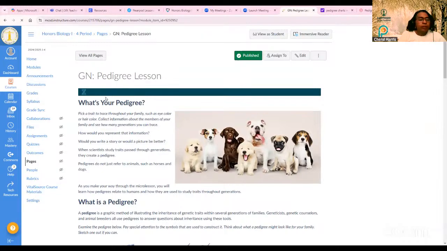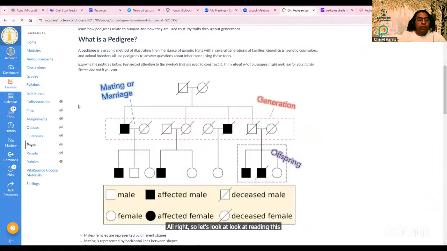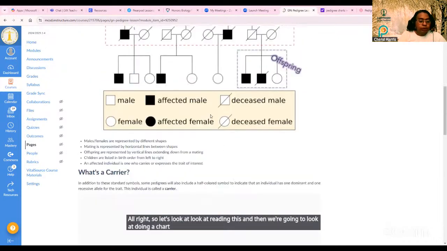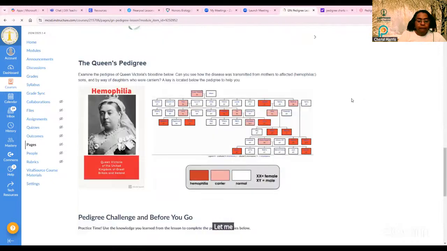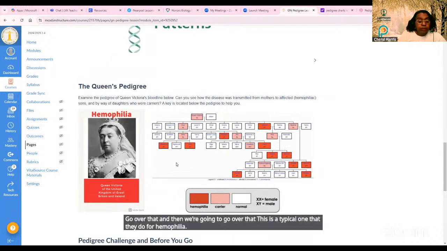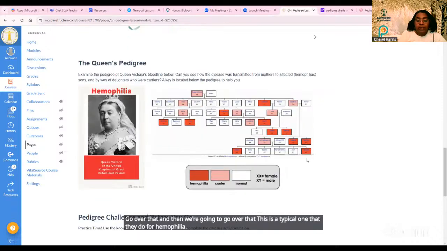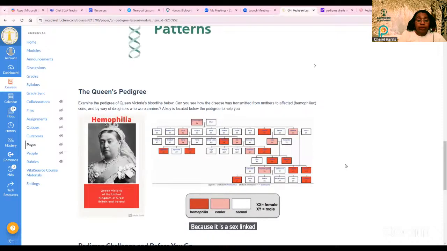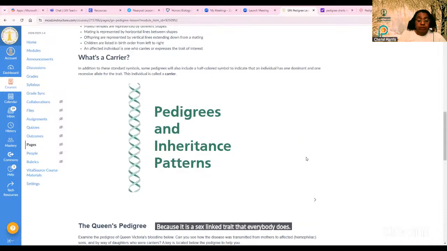All right, so let's look at reading this, and then we're going to look at doing a chart for ourselves. So go over that. This is a typical one that they do for hemophilia because it is a sex-linked trait that everybody does. All right, so read that page over.